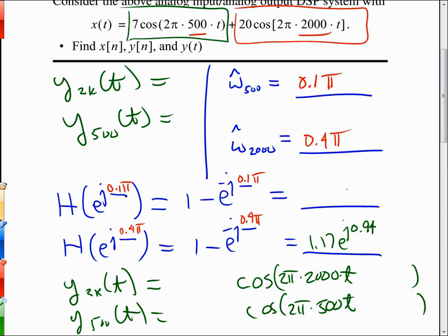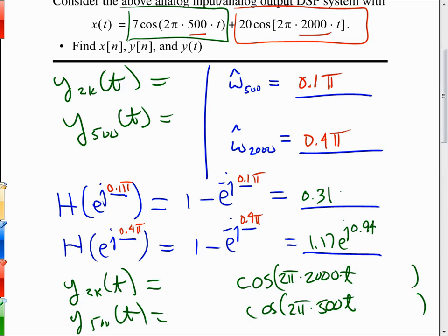Anybody have that one? For the 0.1 pi? I've lost track of who's doing what because it seems like it's mixed up, but I've got the answer now. Okay, well, put it out there and we'll see. Got 0.3129 e to the j 0.45 pi.